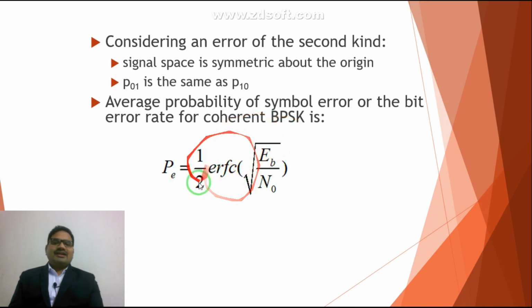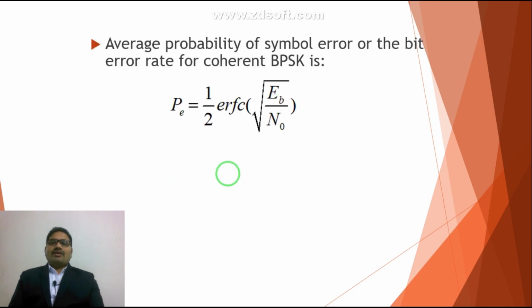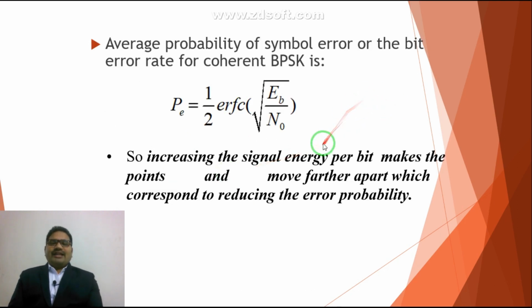You can directly write this equation of the probability of error. It tells you that increasing the signal energy per bit makes the points plus square root of EB and minus square root of EB move farther apart, which corresponds to reducing the error probability. As these two message points move apart, the Euclidean distance increases and the error probability reduces.